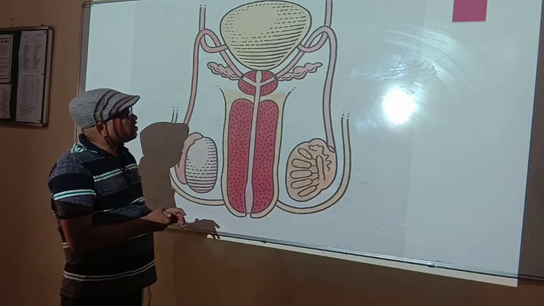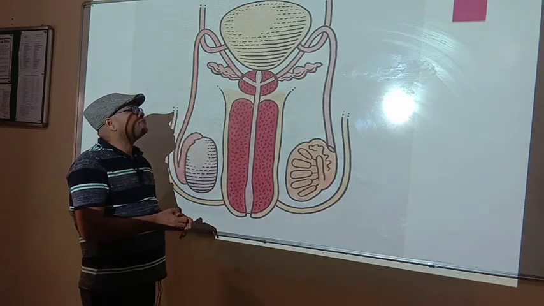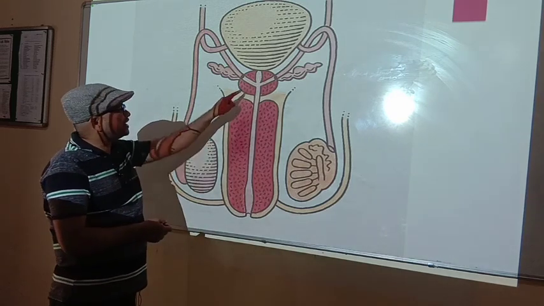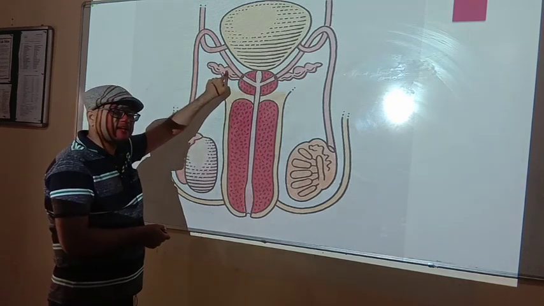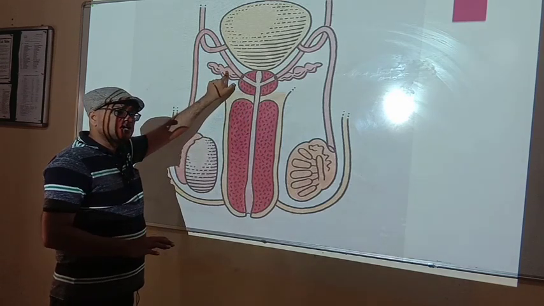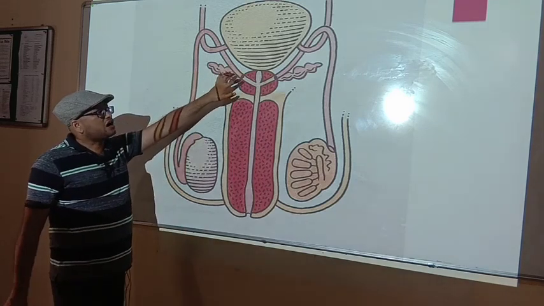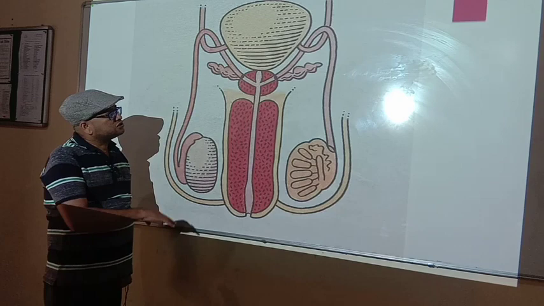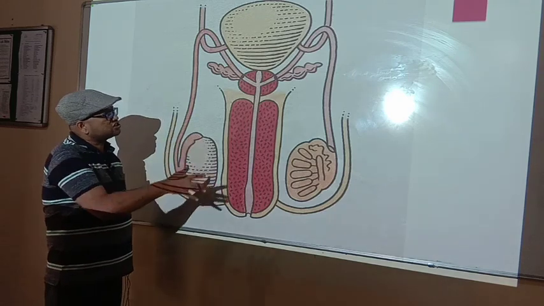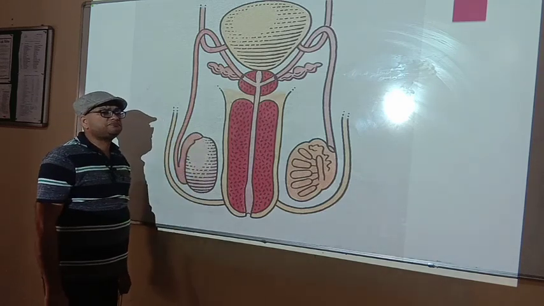The combination of sperm, prostatic fluid secreted by the prostate gland and seminal fluid secreted by the seminal vesicles is called semen. So, this is the structure of the male reproductive system.